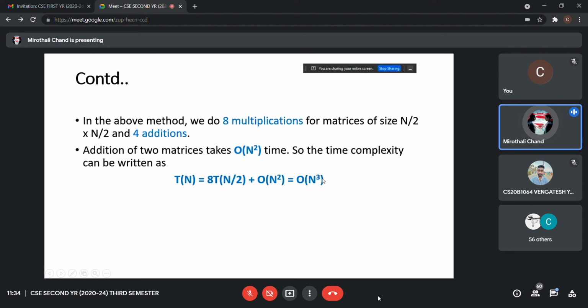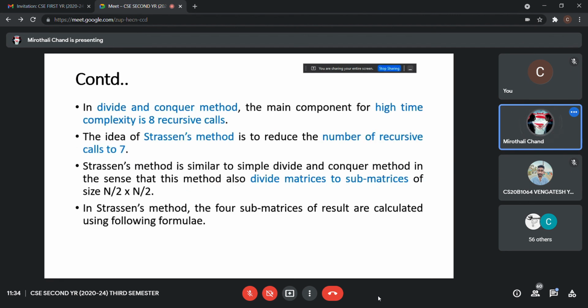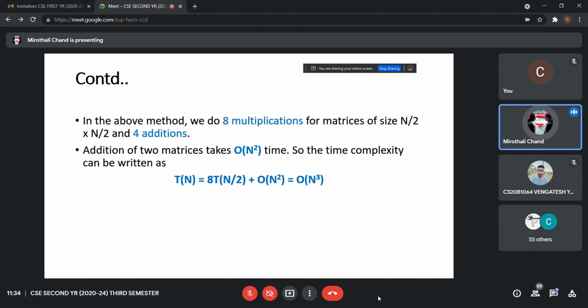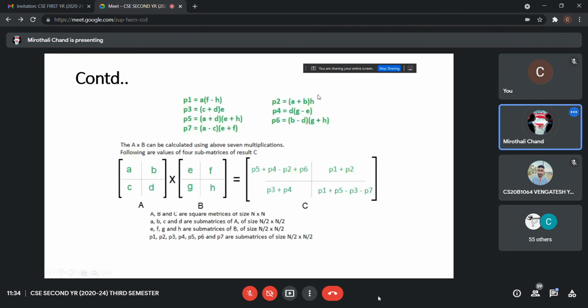So in order to overcome this, we have to reduce the recursive calls. In order to reduce the 8 recursive calls to 7, Strassen's method is used. This method follows the same division of the matrix into submatrices, which is followed in the divide and conquer method. Then, based on this formula, we calculate the final solution.